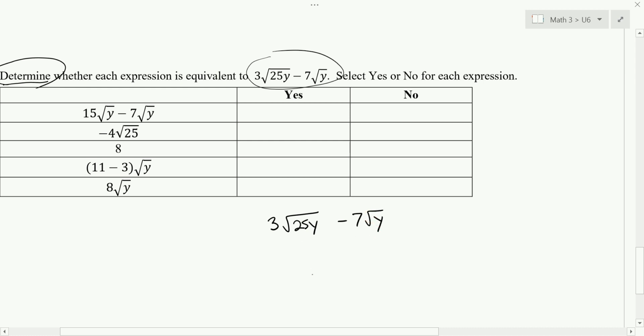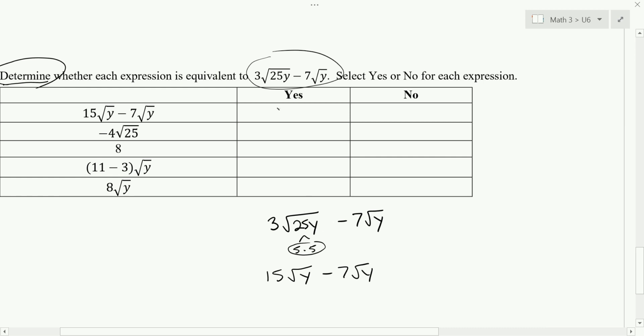You guys see anything we can do to start simplifying this? 25s, 5 times 5, pair of 5s, and then when we pull that out, we end up with 15 square root y minus 7 square root y. And let's just check, do you see anything that looks like that?